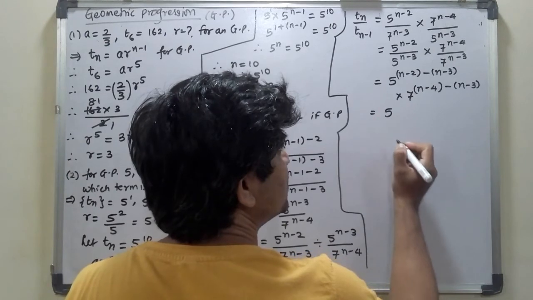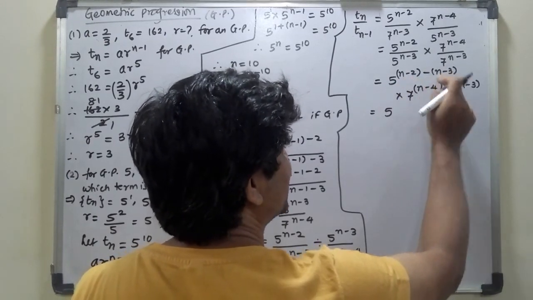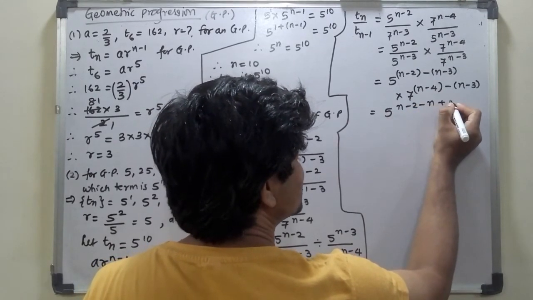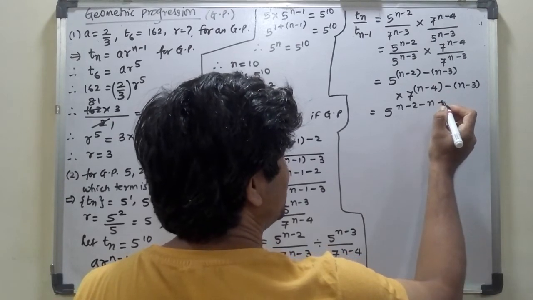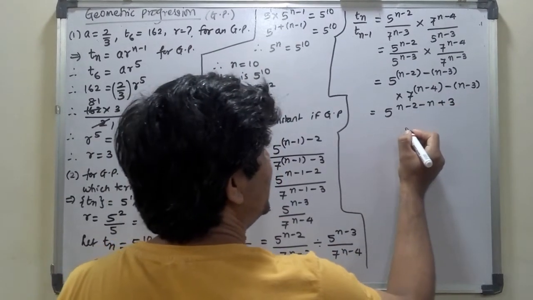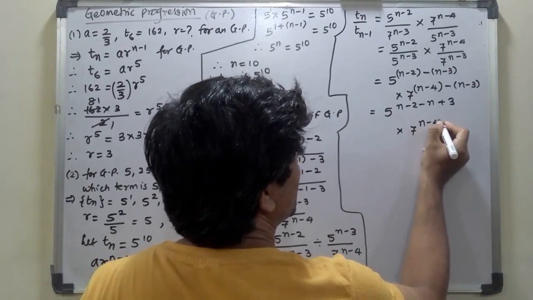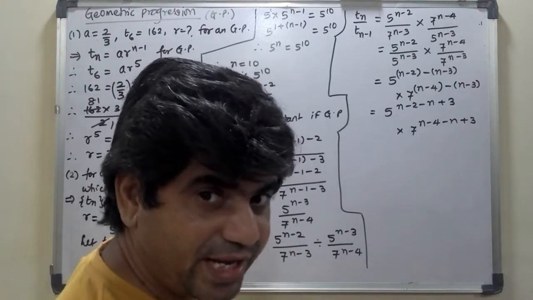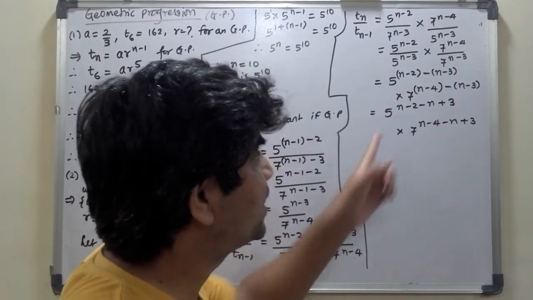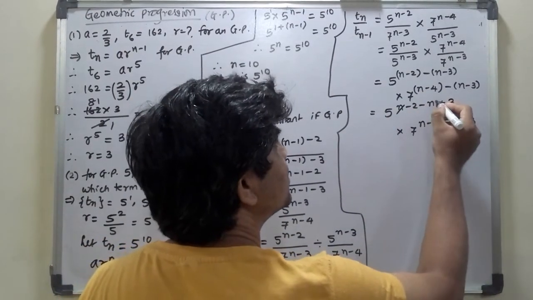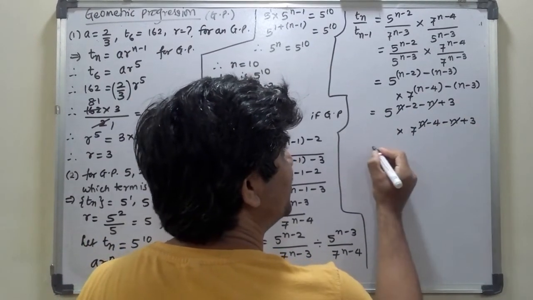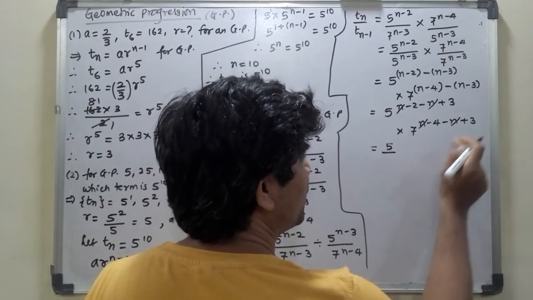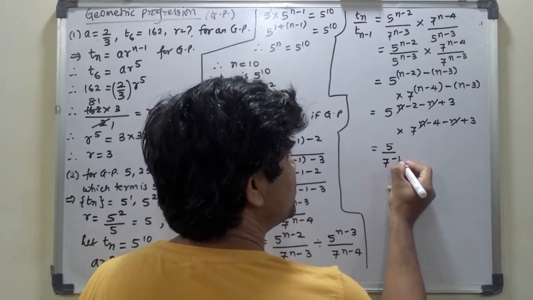That is, 5 raised to n minus 2 minus n plus 3, and into 7 raised to n minus 4 minus n plus 3. So the variable factor n, which was there, has gone already. Whatever remains is now a constant value. That is 3 minus 2, that is 5, and this is minus 4 plus 3, that is 7 raised to minus 1.